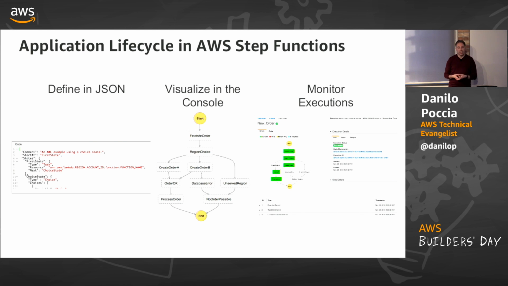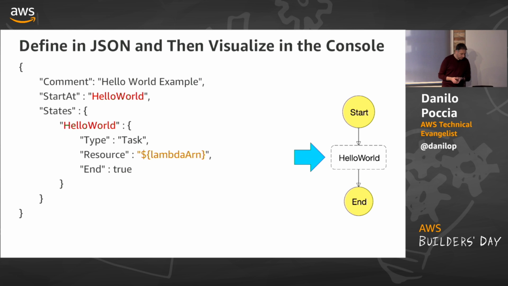Then if you execute a state machine, you can send some data, and you can visually monitor the execution and every step from the console so that you can understand and debug what's happening in a state machine.